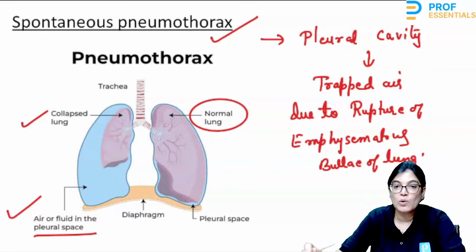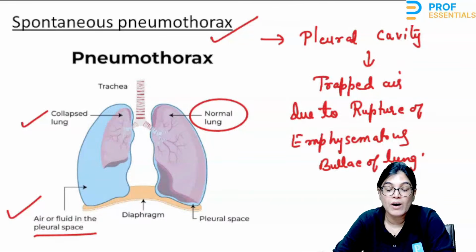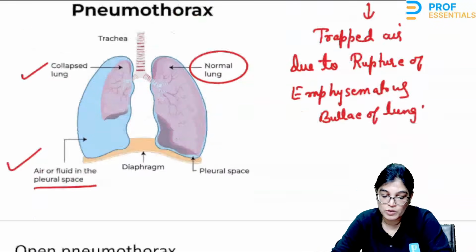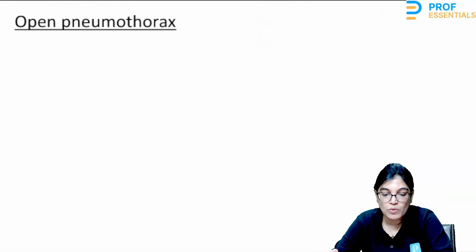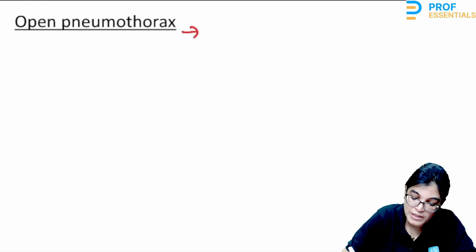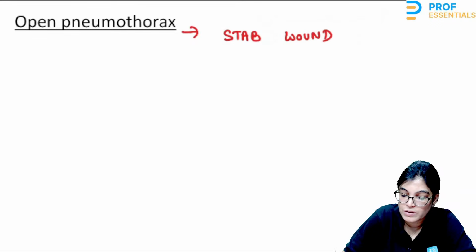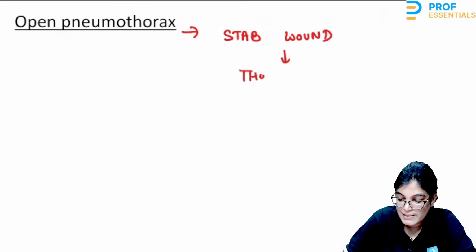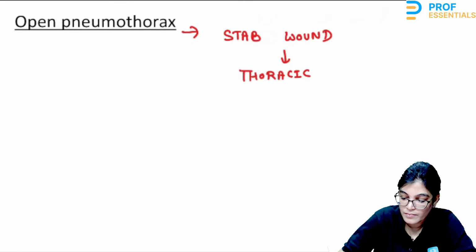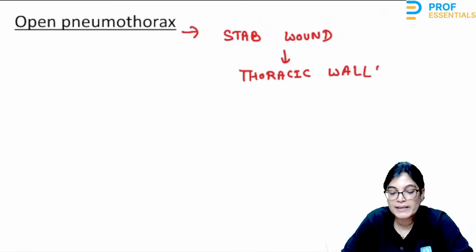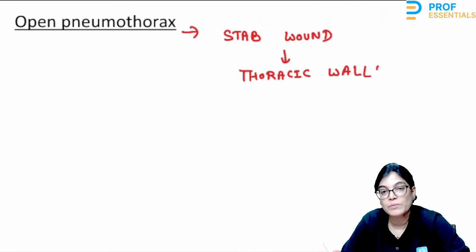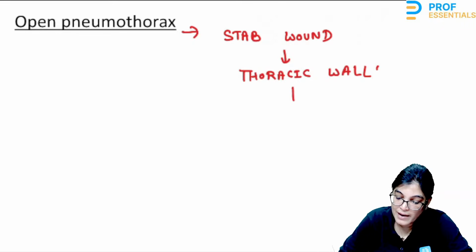Now, it can be closed pneumothorax, it can be open, or the third variety is tension pneumothorax. So, what happens in the open pneumothorax? If there is a stab wound towards the thoracic wall, and it has penetrated the pleura leading to accumulation of air, and it is having a communication.